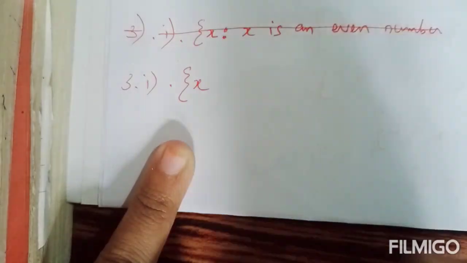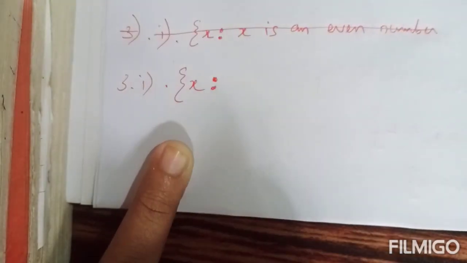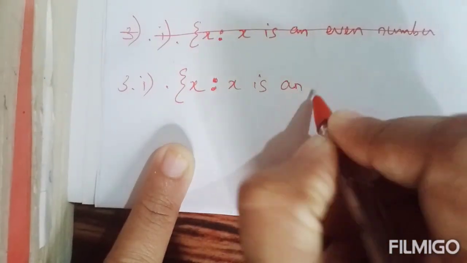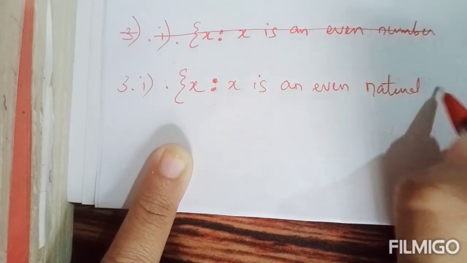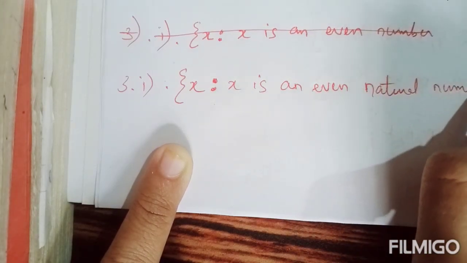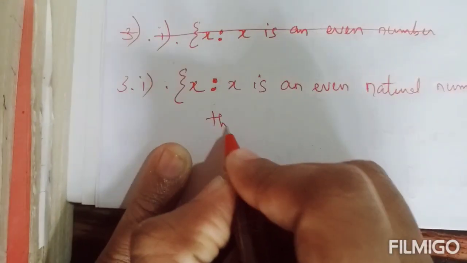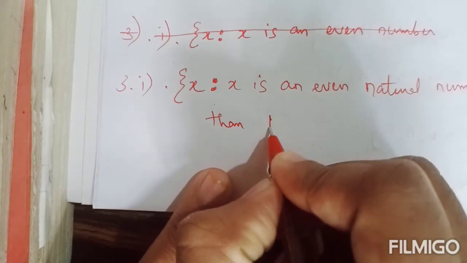So we can write it like this. Set of all x. First write a variable x such that, put 2 dots, x is an even natural number less than 12.